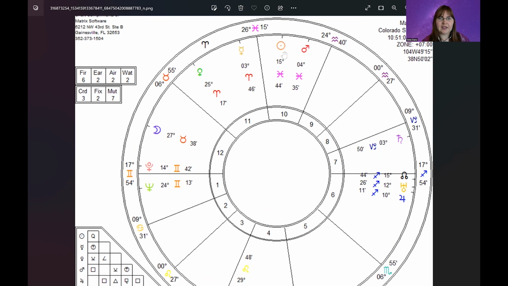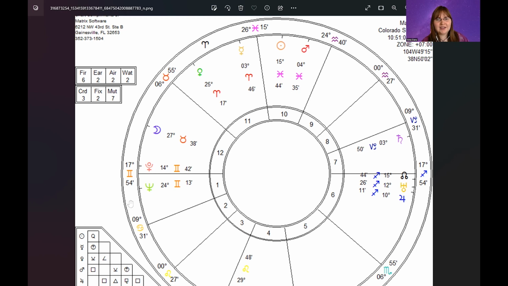So it looks like we have the sun is square Pluto and the ascendant. We also have sun square the north node, Uranus, Jupiter, the descendant. And also because the north node and south node are directly opposite, just like your ascendant and descendant, this person's south node is over here and also square the sun.